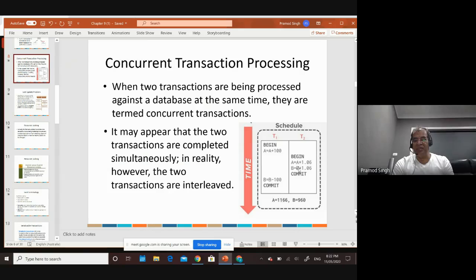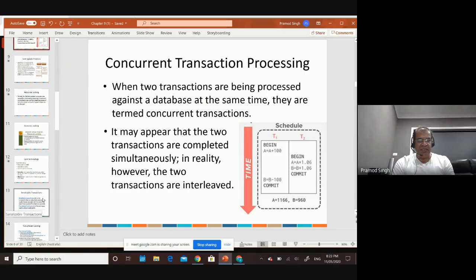However, this interleaving should happen in concurrent processing, but at the end it should feel like transaction T1 and transaction T2 are processed serially, meaning T1 finishes, then only T2 starts.